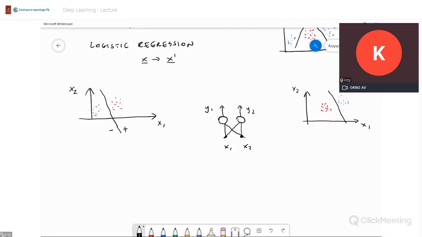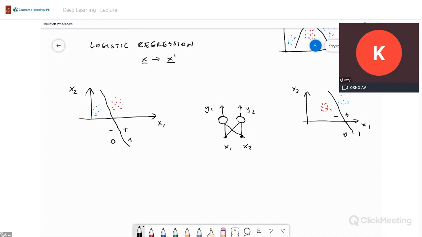In other words, if something is on the right-hand side, the neuron would respond 1. If something is on the left side of this line, the neuron would respond 0. And similarly for the second one: this is the positive side, this is the negative side. So here is 0, here is 1.